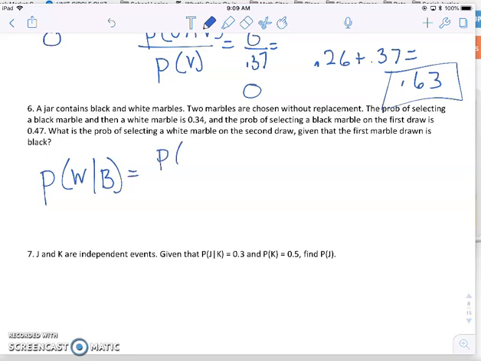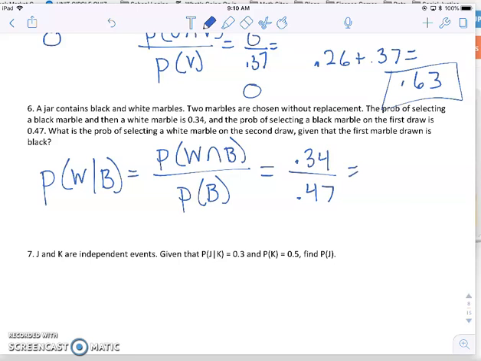So this is the probability of black and white over the probability of just black. So, the probability of selecting a black marble on the first draw is 0.47. The probability of selecting a black marble then a white marble is 0.34. So we have 34 over 47.